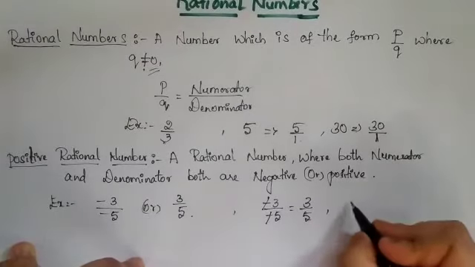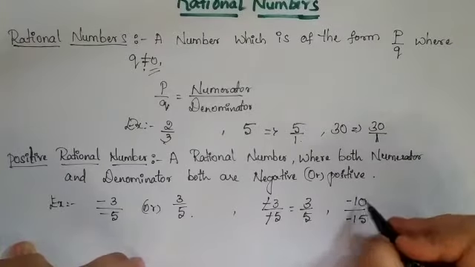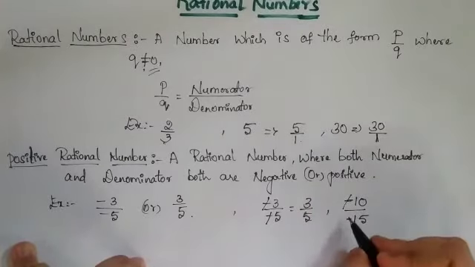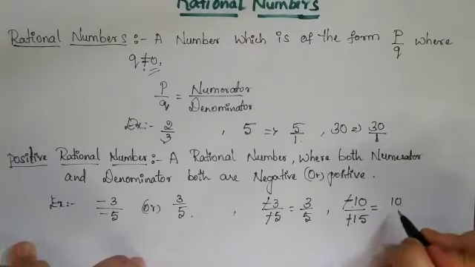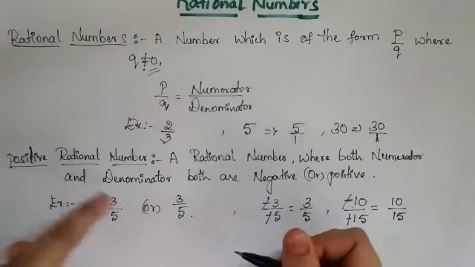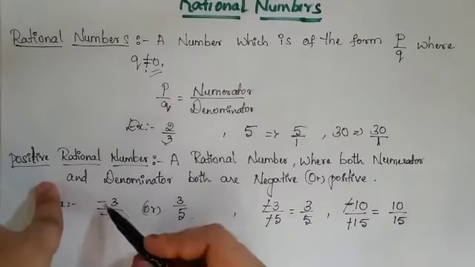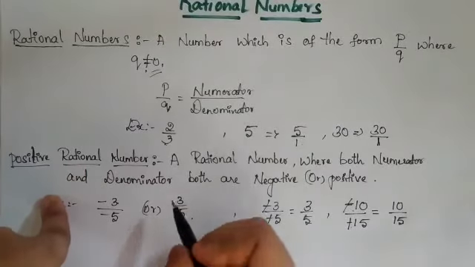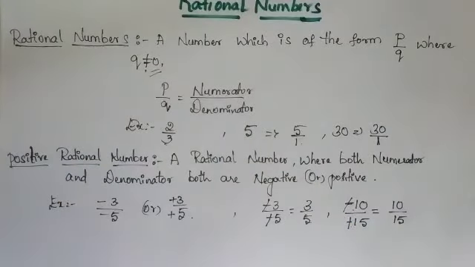Similarly, minus 10 divided by minus 15 is also a positive rational number, because I can cancel the minus and minus, and it becomes positive 10 divided by positive 15. So remember, in a positive rational number, both numerator and denominator have the negative sign, or both have no sign, meaning a positive sign.